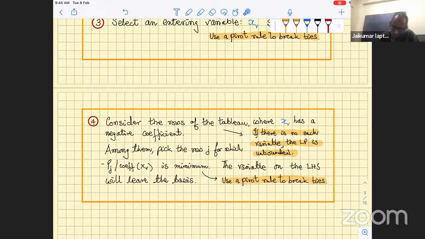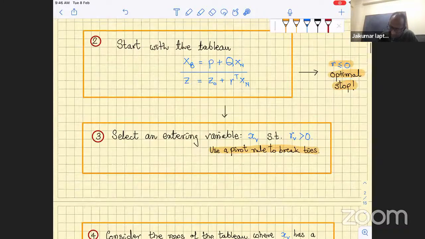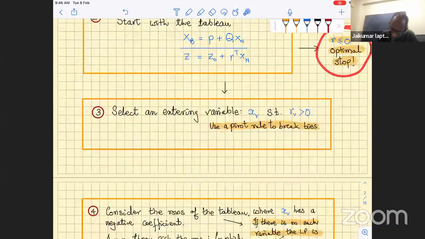But this quantity can be the same for many equations, and then we have a choice, and we might need to use some pivot rule to determine which variable should leave the basis.